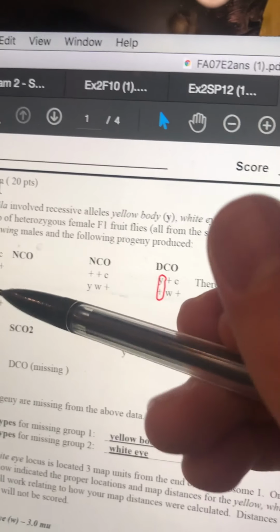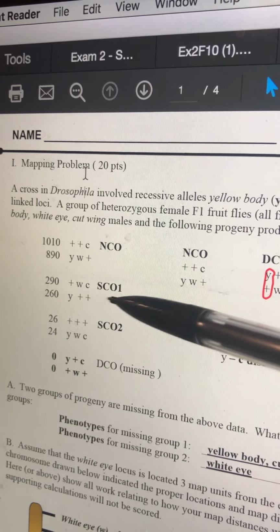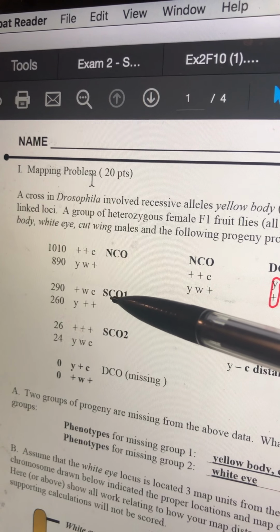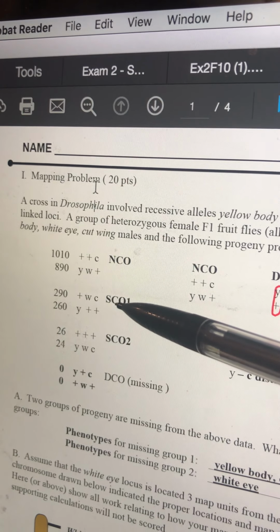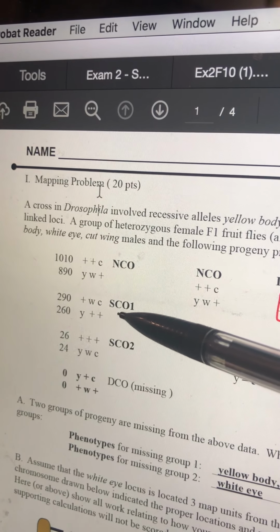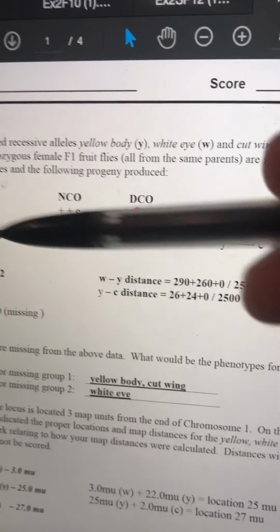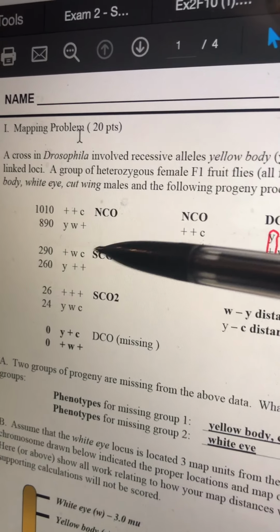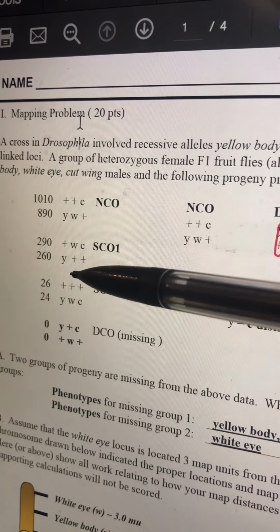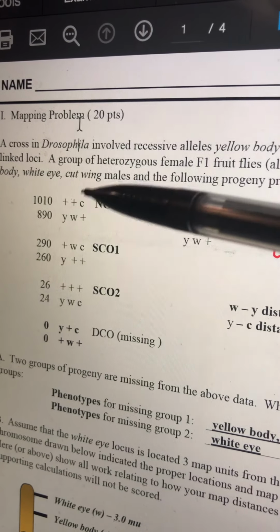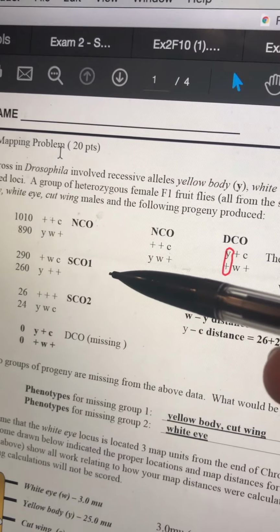Because there's more progeny here, this crossover is more likely than this crossover, which means this crossover is between two genes that are farther apart. We're looking at WY, and that's farther apart. So I'm correct. If you look at this and this, what's flipped? W, right? So it's between W and Y.